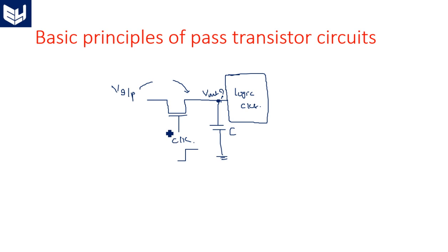Because the input will be transferred to the output if and only if the clock is high. When clock is 0, low, then the transistor is in off state and there is no connection between input and output. So in order to understand such characteristics, we should study the pass transistor characteristics. That is the main importance of studying pass transistor logic.